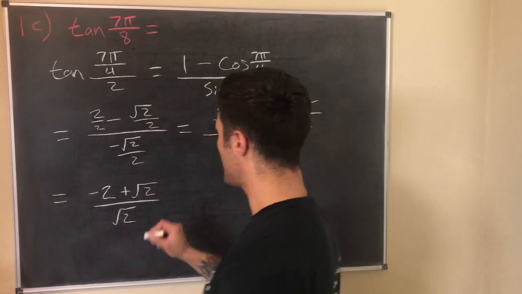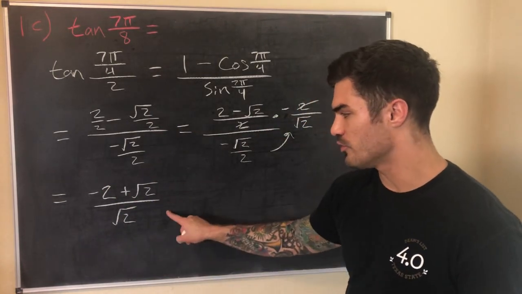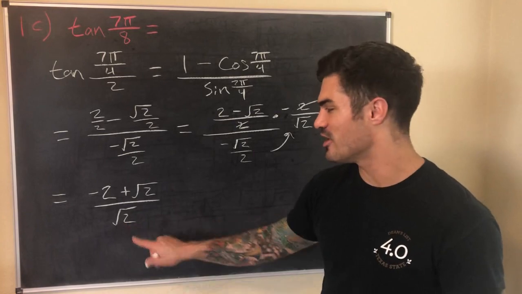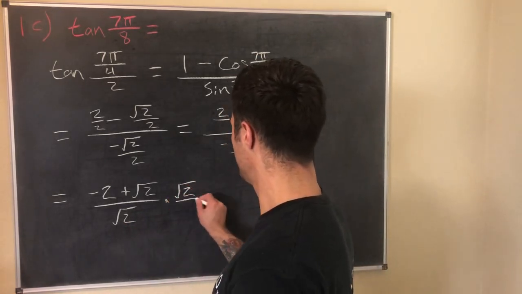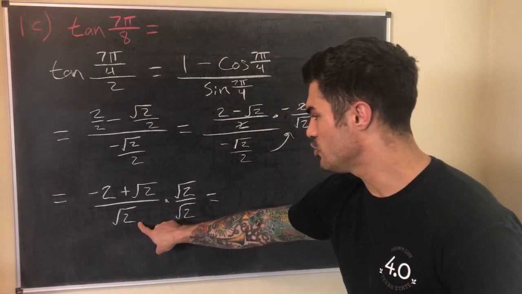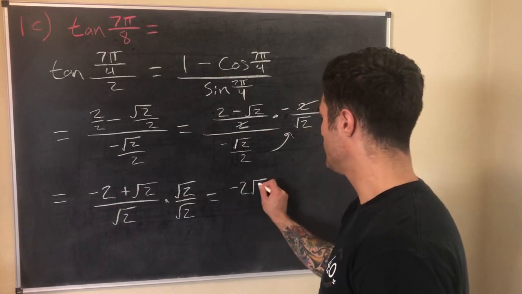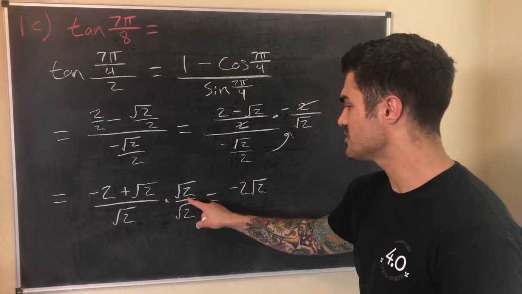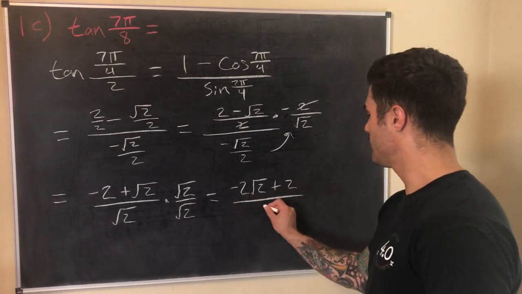And I think once I multiply by the conjugate over itself, basically, right? Root 2 over root 2 to get rid of this radical in the denominator, this will work out pretty nicely. Let's see if it does. Root 2 over root 2, that equals. So that's going to give me a 2 in the denominator. This is going to become negative 2 root 2 plus root 2 times root 2, that's 2, all over 2.